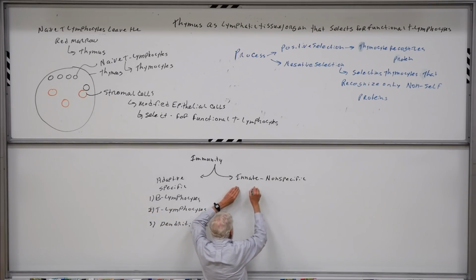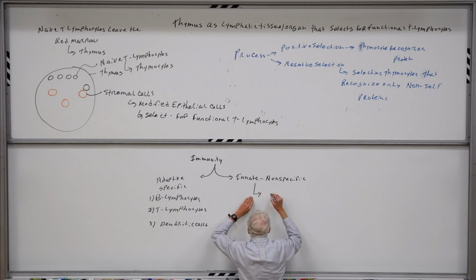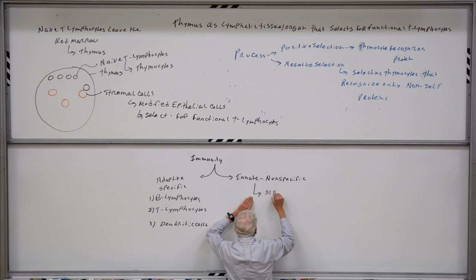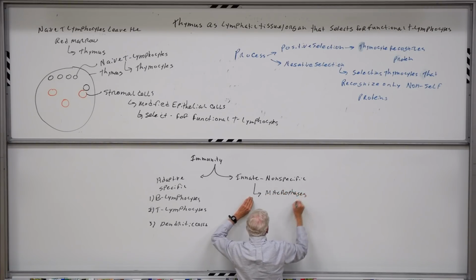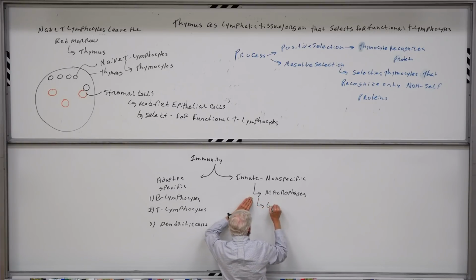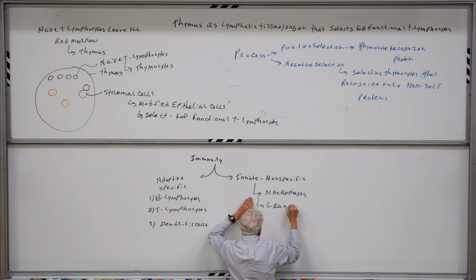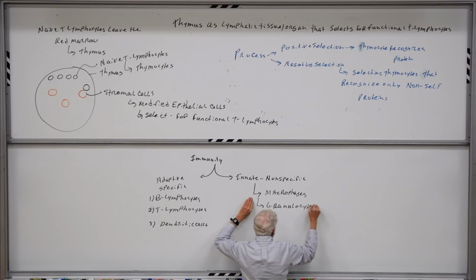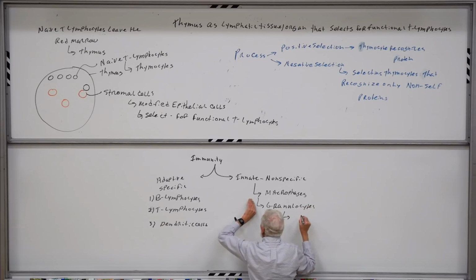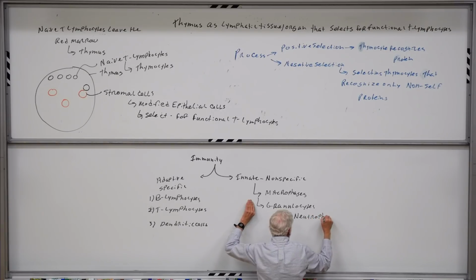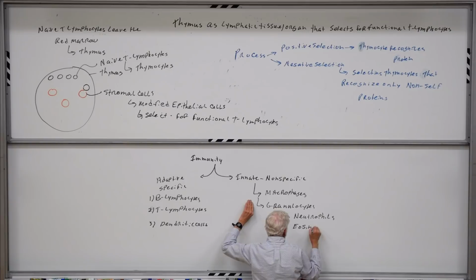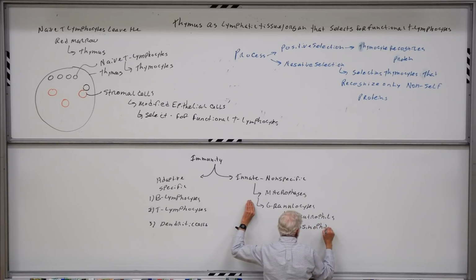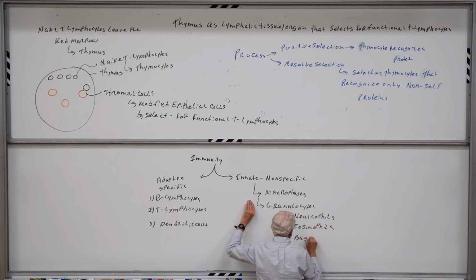The innate or non-specific branch includes cells such as macrophages and cells called granulocytes. The granulocytes come as neutrophils, eosinophils, and basophils.